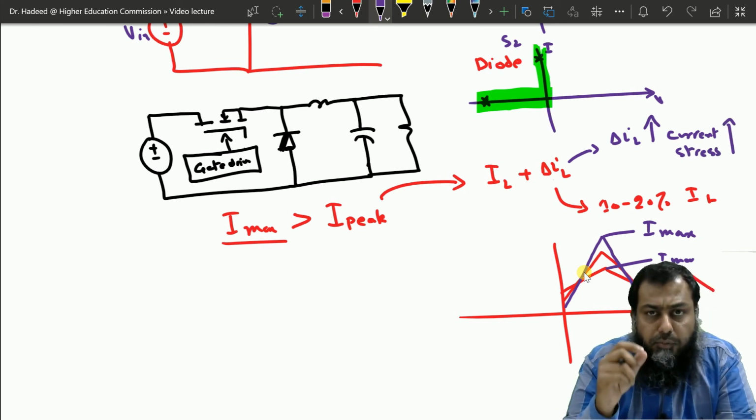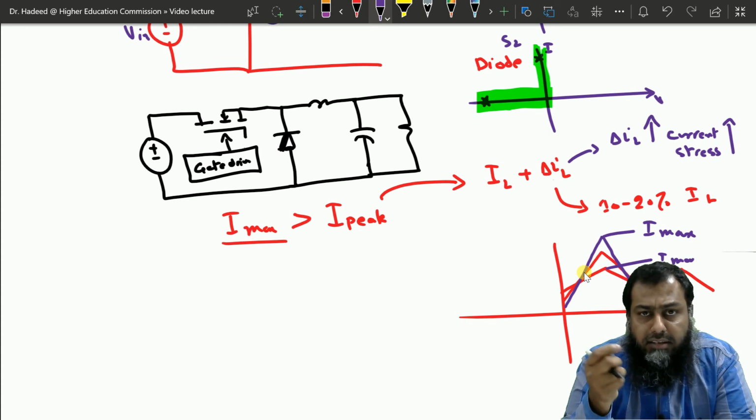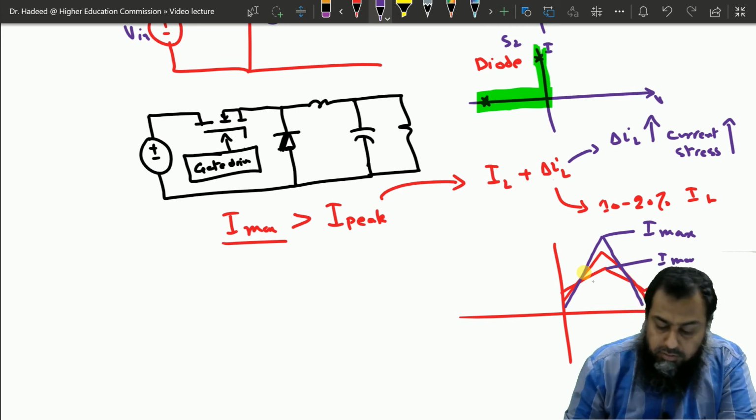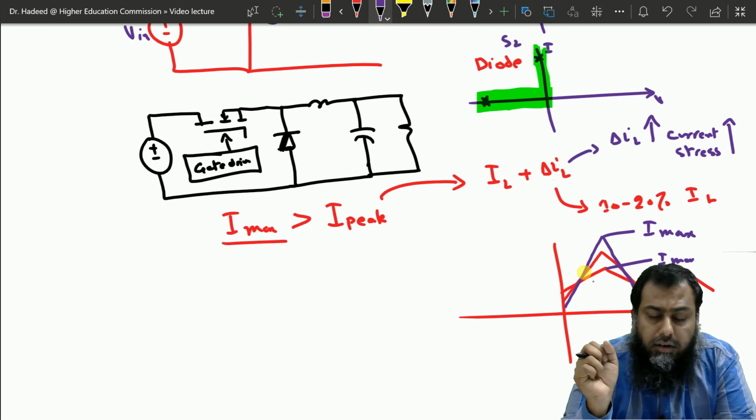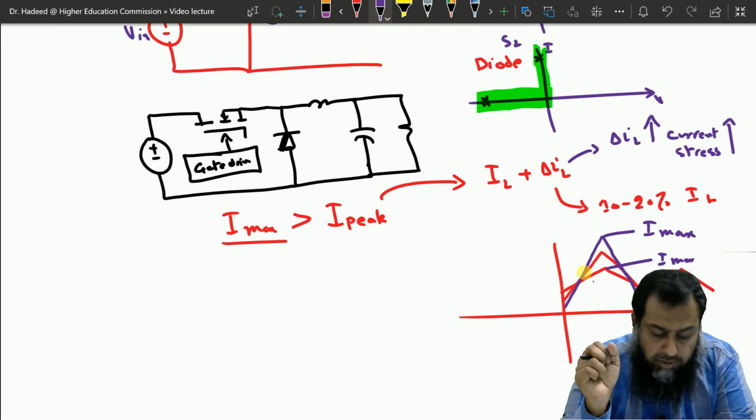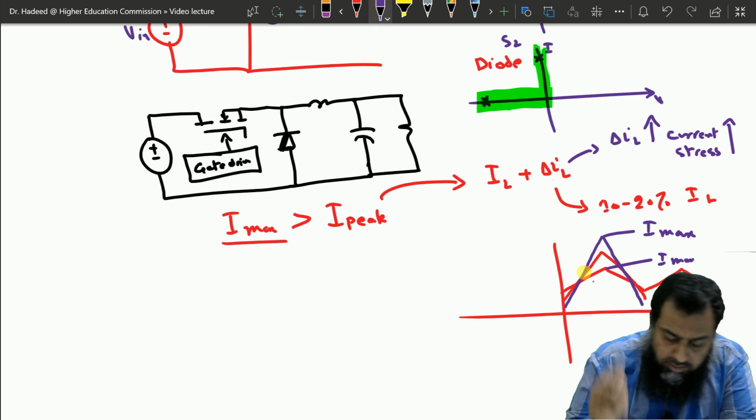An optimization is required while selecting the appropriate allowable current limit through an inductor, so that we can have a normalized value of the current stress over the given semiconductors, because this peak current shall produce losses in our semiconductor devices.